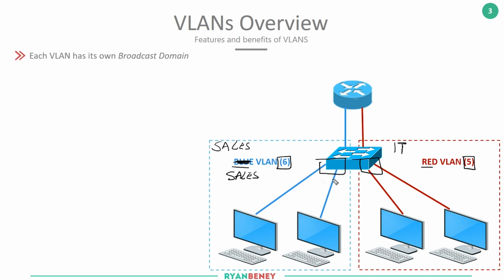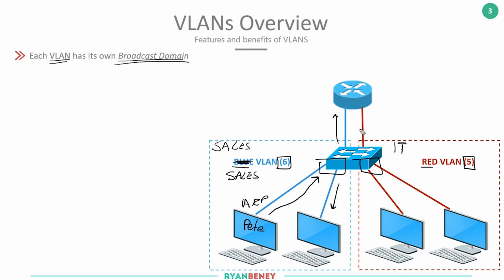And they plug into the same physical switch, but each VLAN inside a switch is its own broadcast domain. So that means that if, let's say, Pete inside the sales department sends out an ARP, it would only be flooded on the switch to people inside VLAN 6.